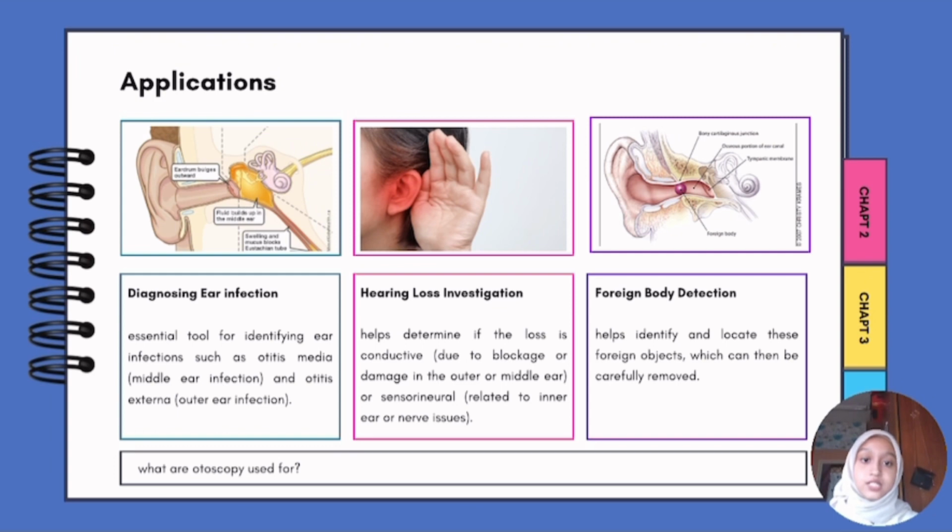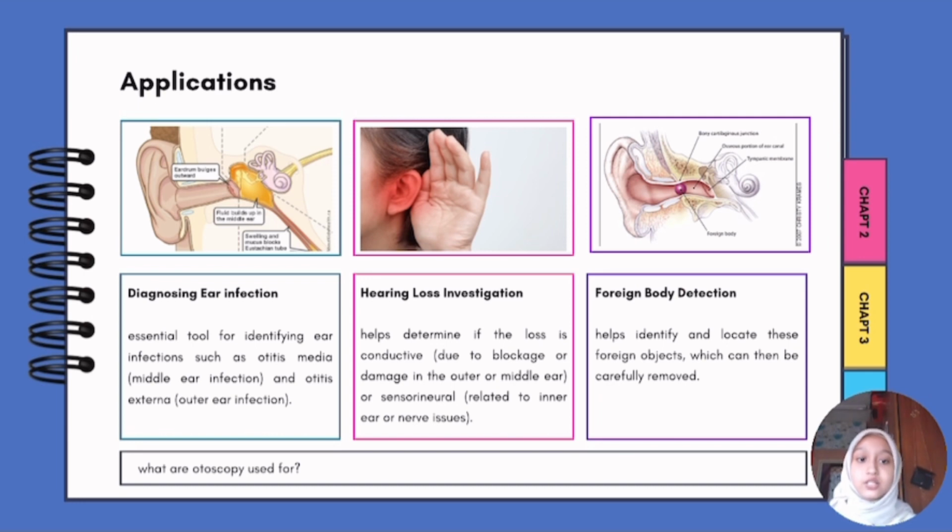The second application is hearing loss investigation. When a patient experiences hearing loss, otoscopy helps determine if the loss is conductive, due to blockage or damage in the outer or middle ear, or sensorineural, related to inner ear or nerve issues.